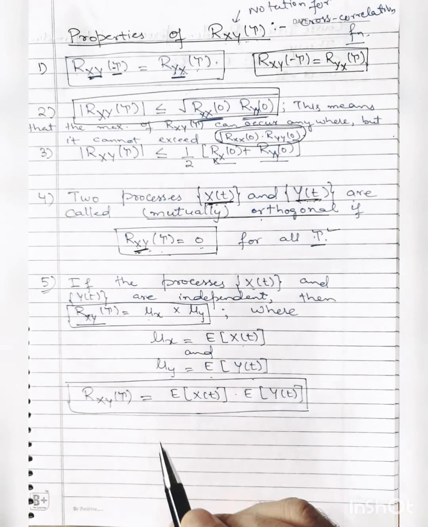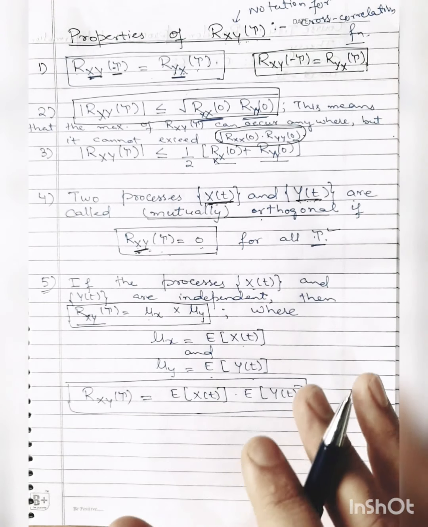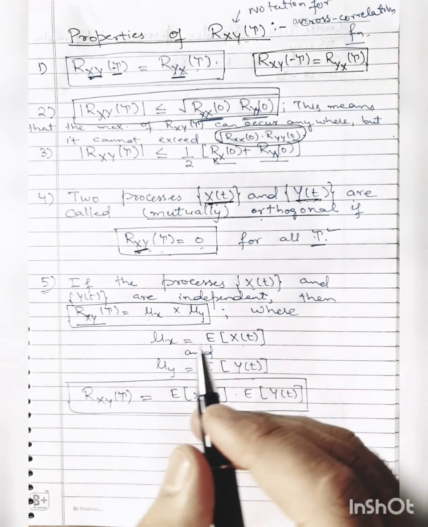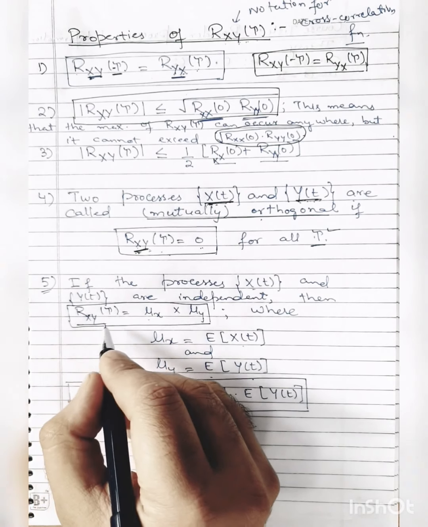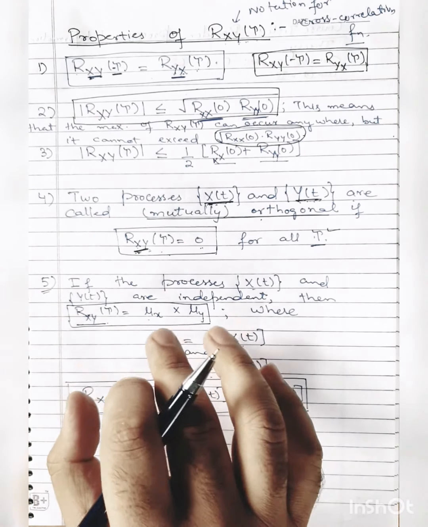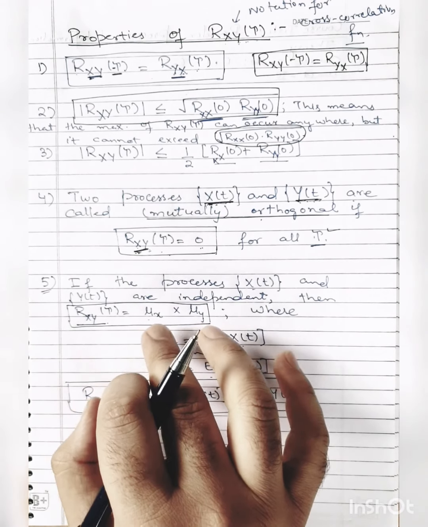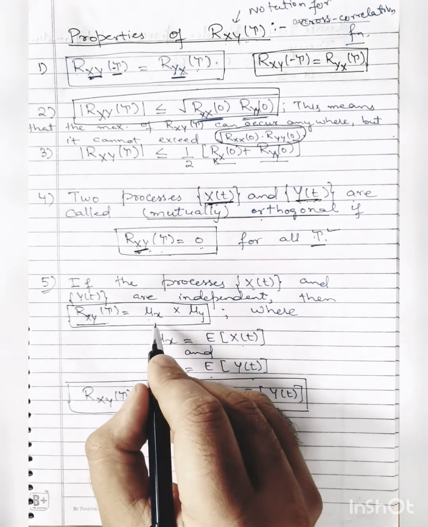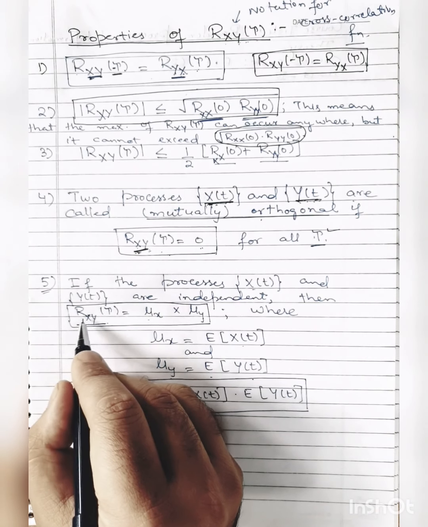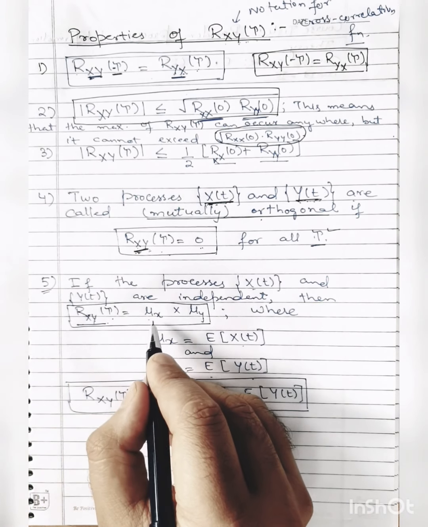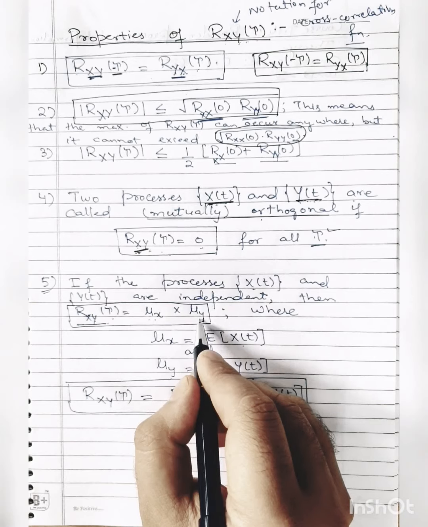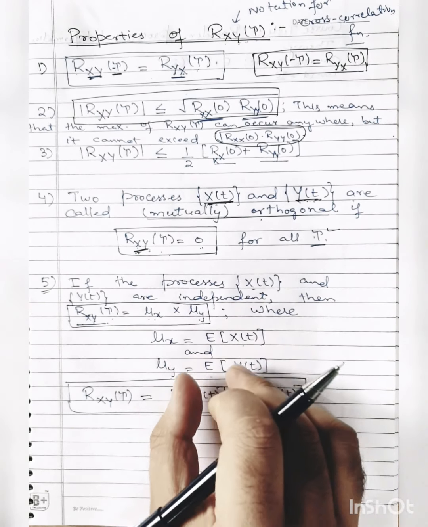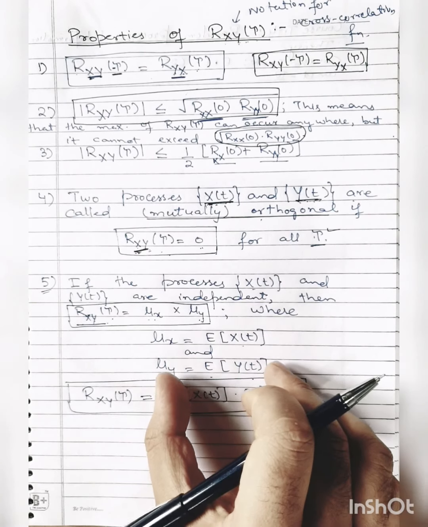Now, the fifth property: if the random processes x(t) and y(t) are independent, then the cross correlation function will be the product of the expectation of x and the expectation of y. That means Rxy(tau) is nothing but mu x into mu y, where mu x is the expectation of x and mu y is the expectation of y.